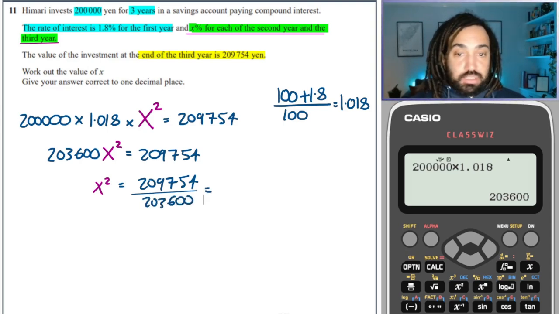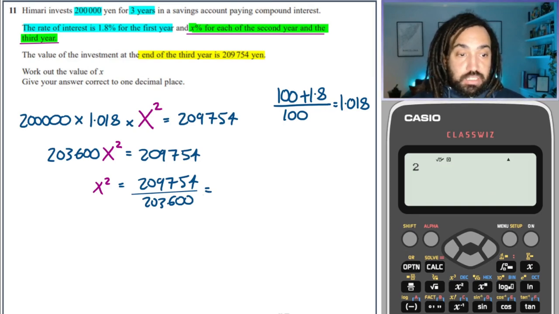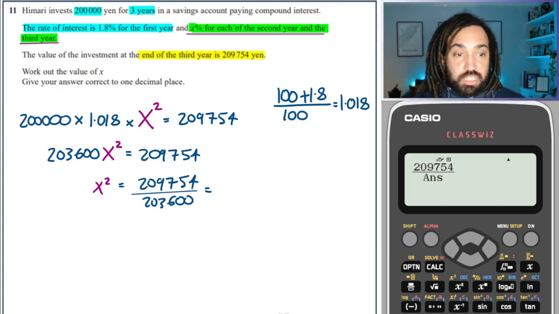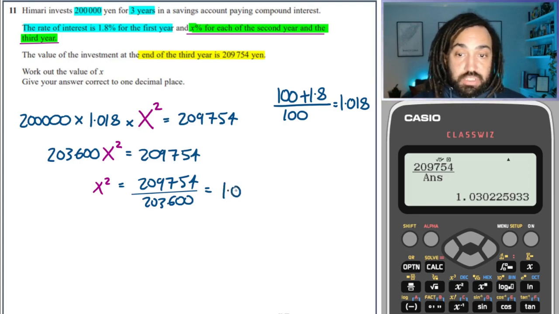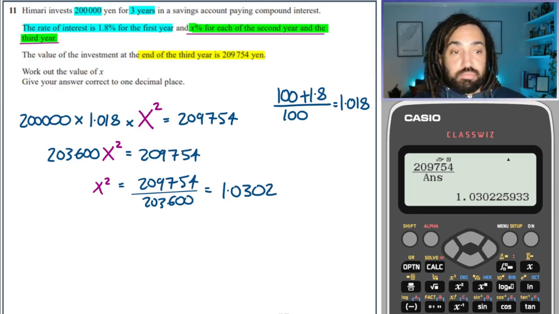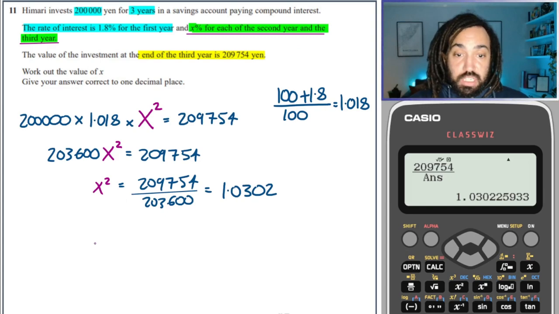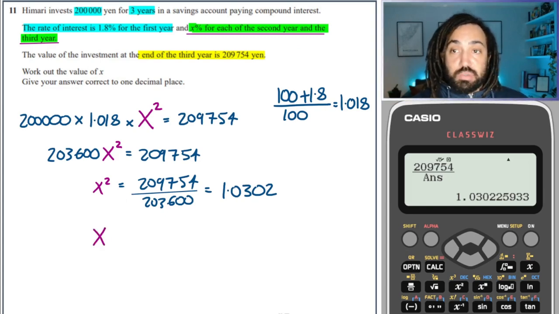Okay, great. So let's just do that on our calculator. 209,754 divided by the previous answer was already stored, so I can just keep it in there, and that's 1.0302.